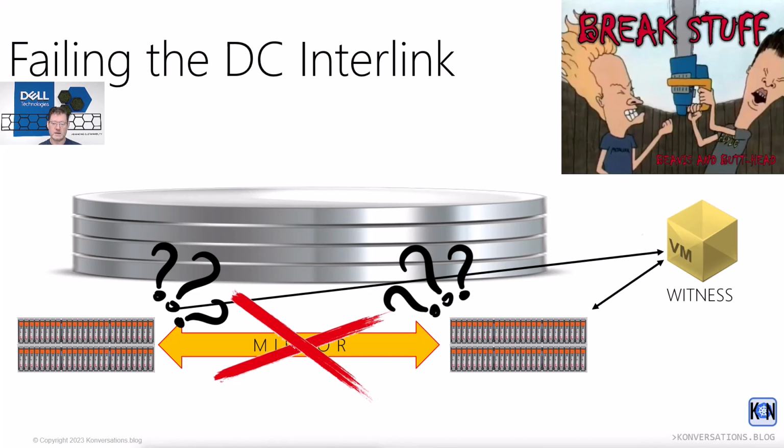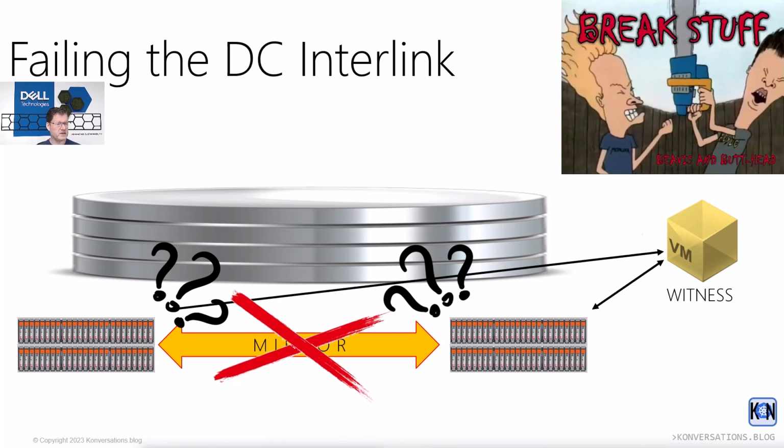And with a witness, the same thing will happen, because if I fail the interlink with a witness, both of the arrays will talk to the witness and they will understand that they're both still alive, which also means they have to disable access to the non-preferred volumes. So the response will be the same, even though the way it works is slightly different.